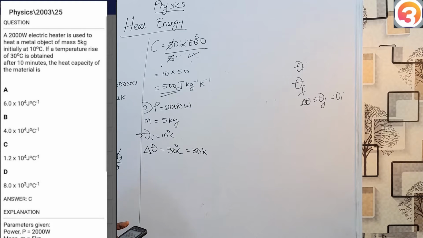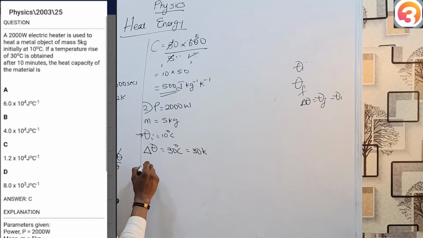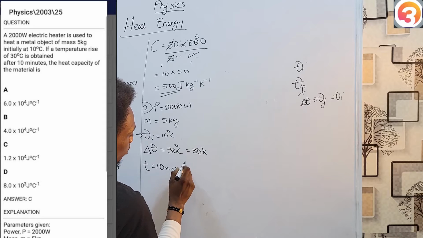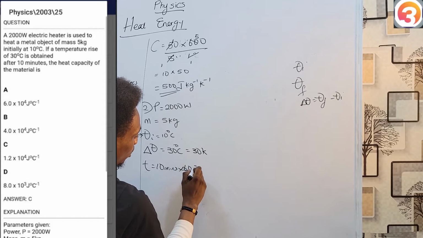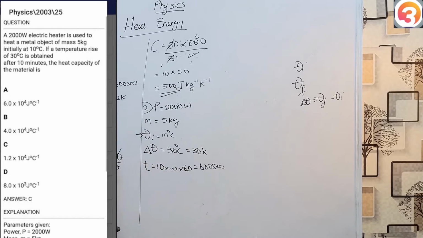So I know my temperature rise, and if the temperature rise is obtained after 10 minutes, the time is 10 minutes, which again we multiply by 60 is 600 seconds. We have to find the heat capacity for the material. Keep in mind now, we're finding heat capacity, not specific heat capacity.